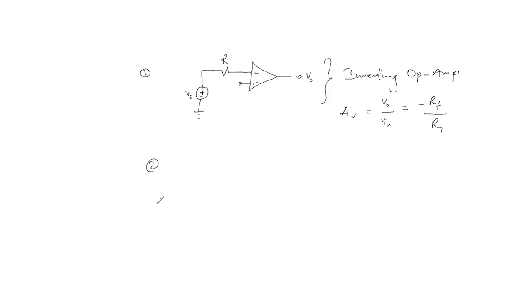And the second configuration was such that the voltage is connected to the positive terminal, or better still, the non-inverting terminal of the op-amp. And then we said such a configuration was the non-inverting op-amp. And there we drew something like this. Here we have the series connected resistor.